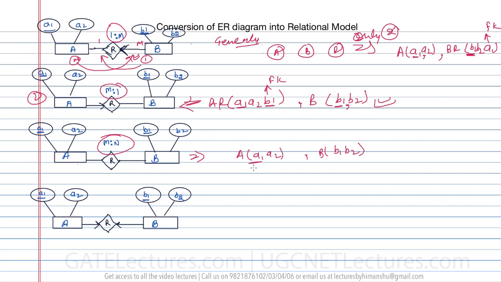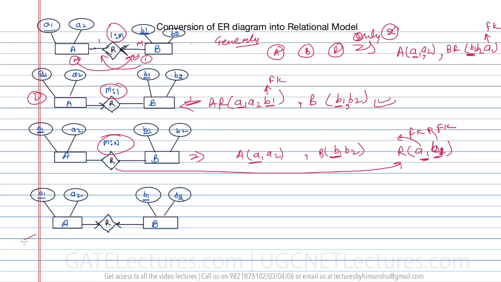In table A, A1 is the key attribute, and in B, B1 is the key attribute. Then for this relation, because it's a many-to-many relationship, we have to create a table for the relation, with A1 and B1 as the key attributes. That is, these are the foreign keys to their respective relations, right? So if we have a many-to-many relation like this, then we can use this.